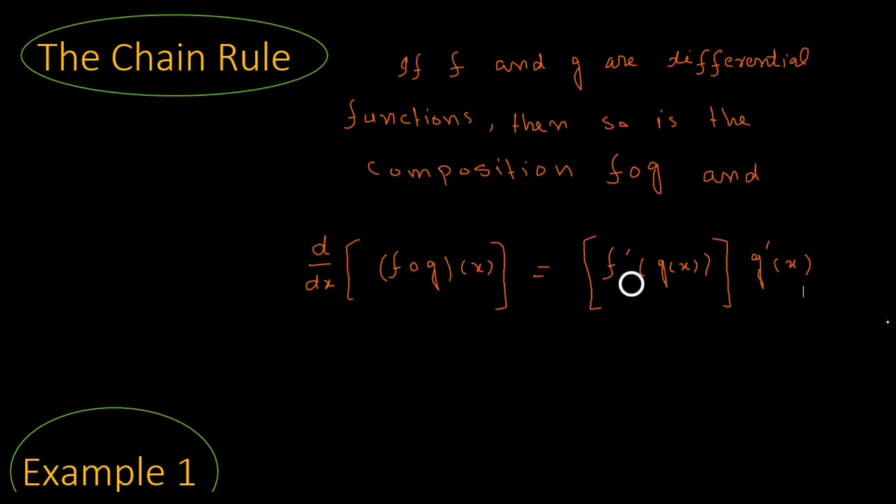The derivative will be f prime of g of x times g prime of x. So in order to understand more about this, we will take an example of how to apply the chain rule.